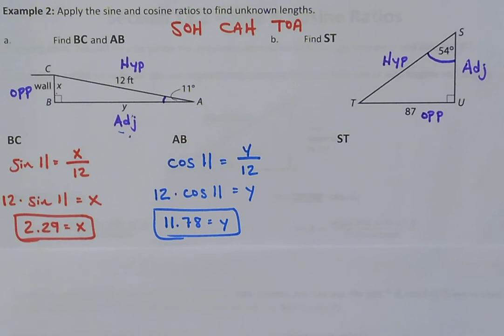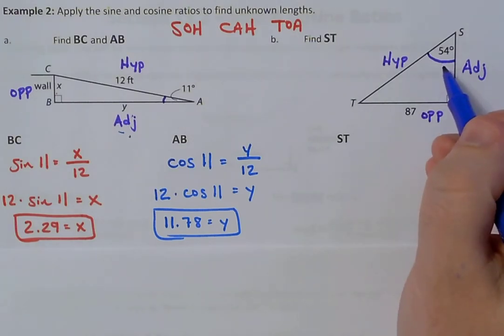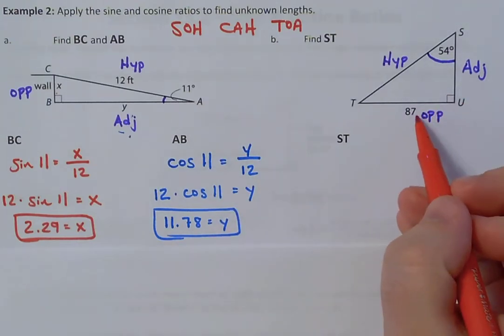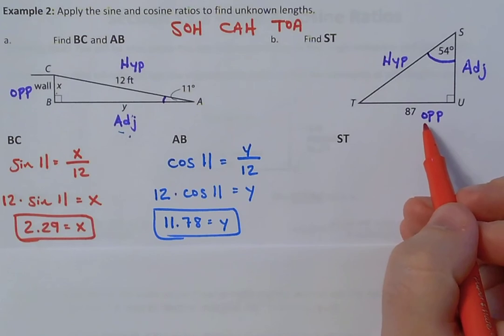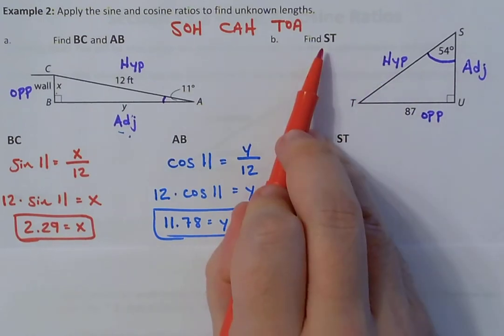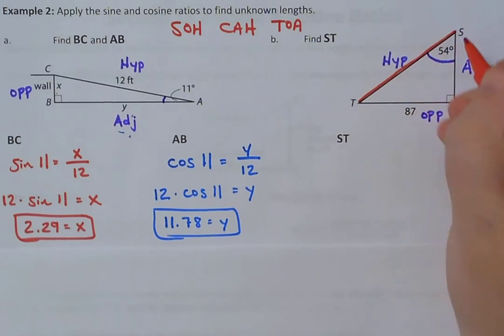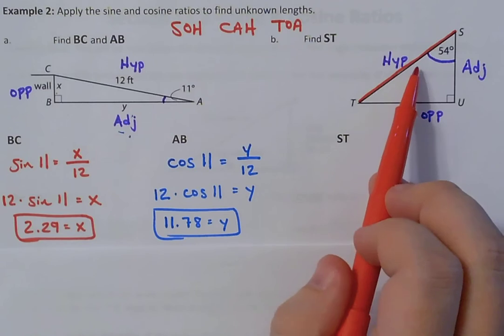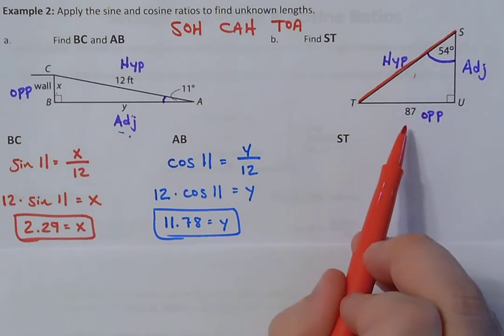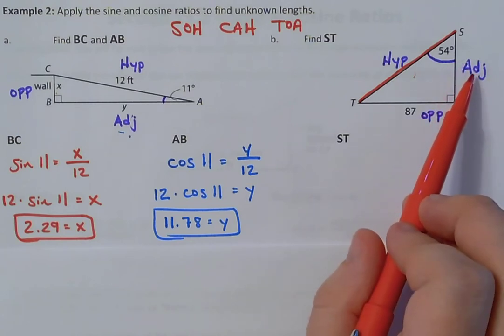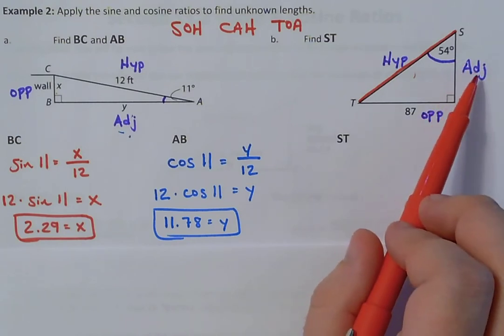All right, so I figured out my hypotenuse, opposite, and adjacent sides related to the 54 degrees. Now, we know that 87, so I know my opposite, and they want us to figure out ST, which is this side length here. I don't know anything about the adjacent, so that's not going to be anything we need to use.